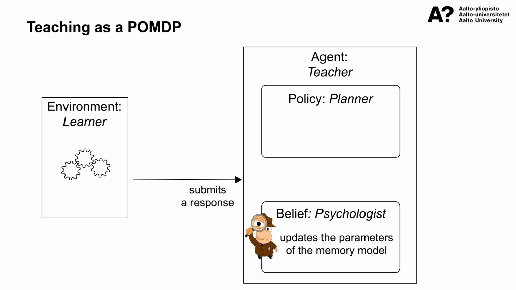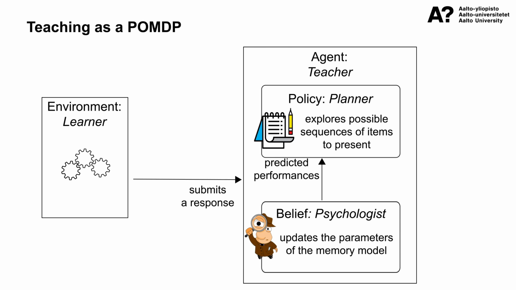The psychologist then transmits its predicted learning performances to the planner, that is to say, the probability of recalling each item. Based on this information, the planner will consider which item to choose next in order to reach some specified learning goal.